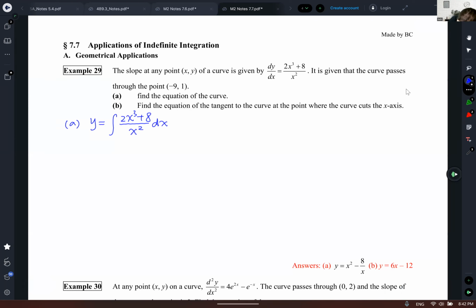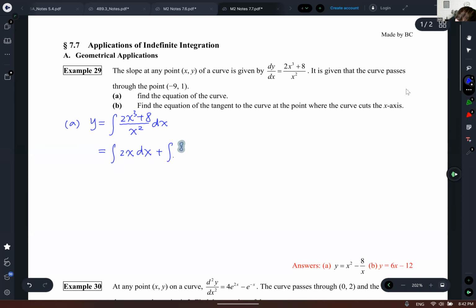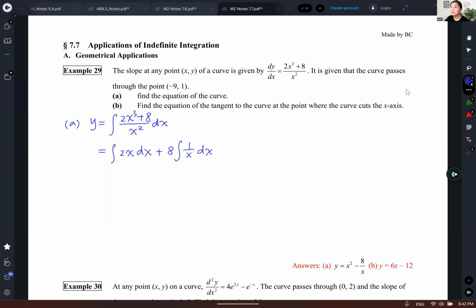And then you just integrate. Right? Oh no, square. Right? And then there is x squared plus 8 negative 1 over x.